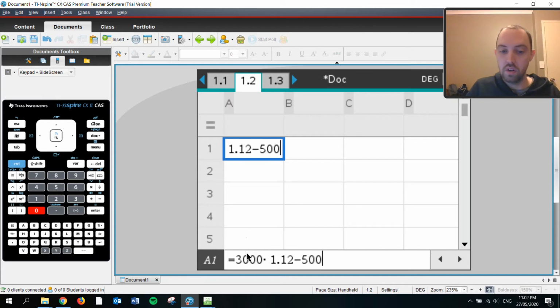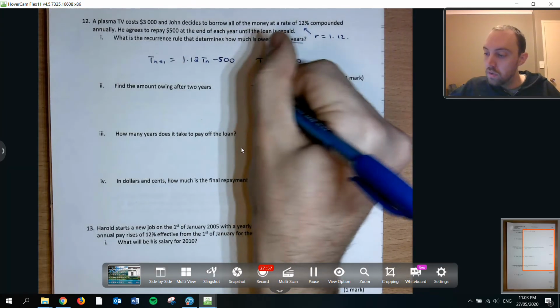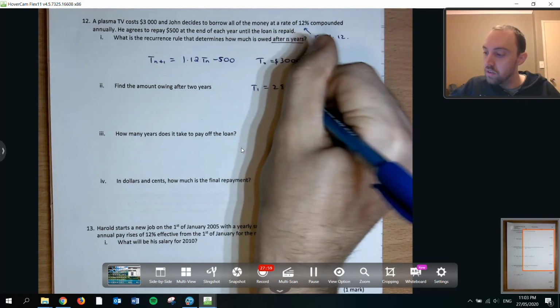Okay, it's increased by 12% and take 500 after the first year. As I mentioned earlier, matching that term number to the left-hand side is going to result in less confusion later on. Okay, so T1 is equal to 2,860.